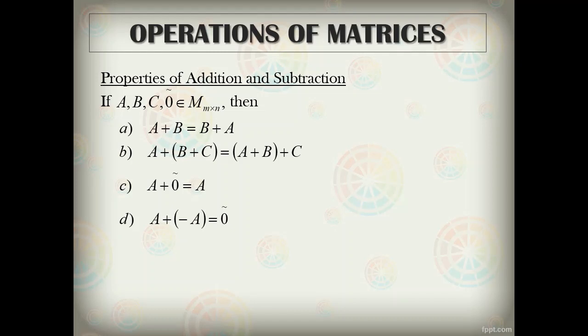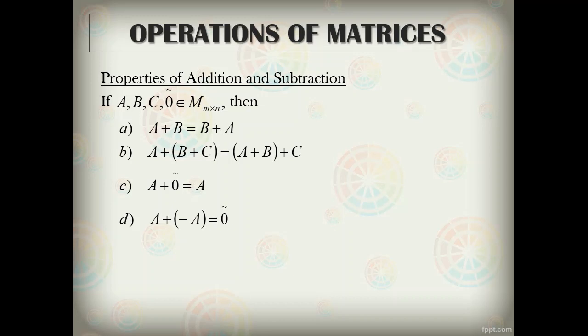They are equal to what happens whenever we do addition or subtraction of numbers. So if you have matrix A plus matrix B, you can swap the positions. You can add B to matrix A. If you have brackets for addition and subtraction, you can start with A plus B first, and then followed by addition to matrix C. But not for multiplication.